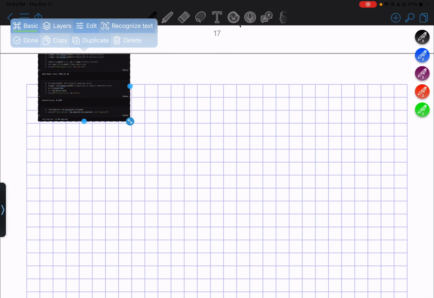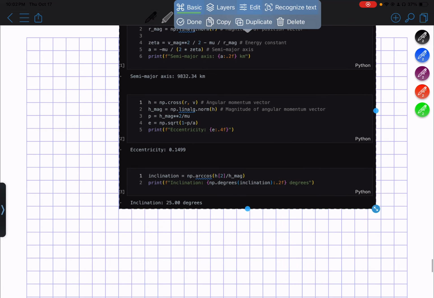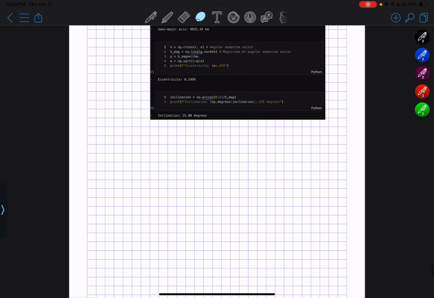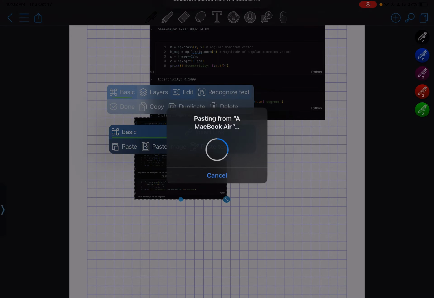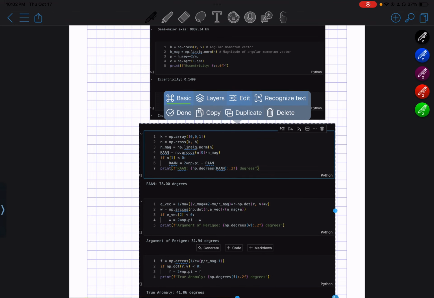And then we have the second part here. Let me get this bigger. There we go. And then the second half, like this. And these values are all correct.